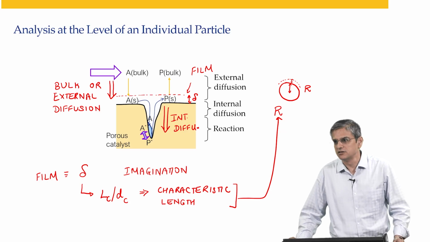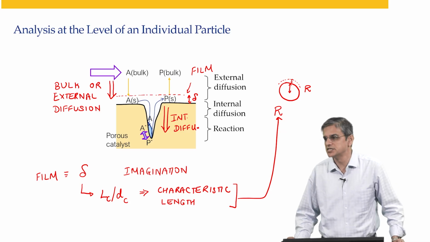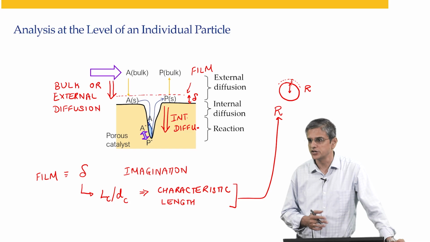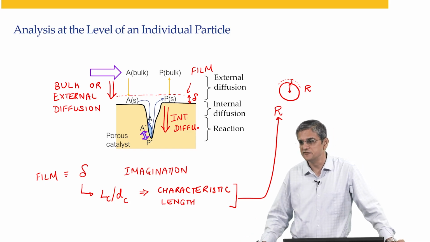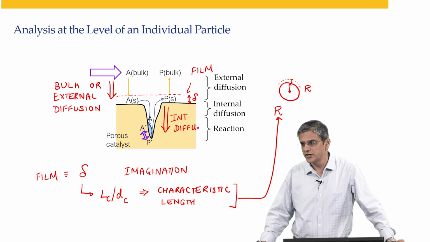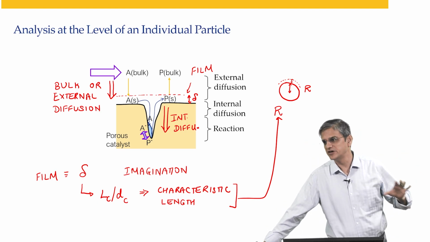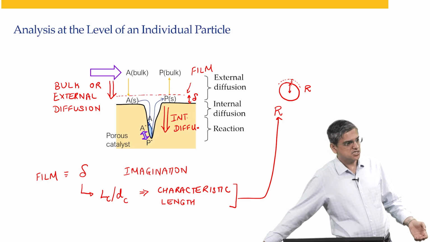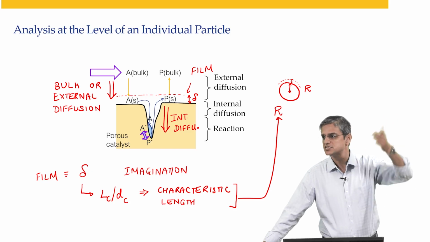Again, what characteristic length is closely related to what expressions that you are going to use in order to analyze the diffusion processes. But it is a choice that we have made for convenience. If you change that characteristic length, everything just scales by a factor.